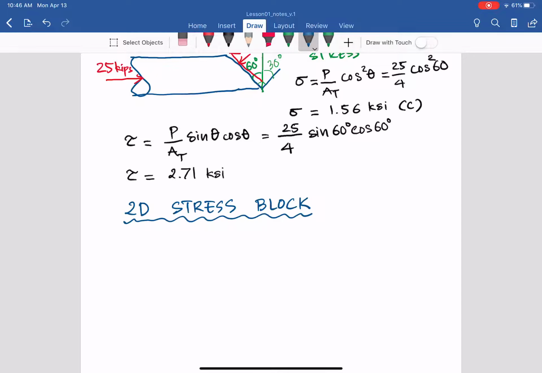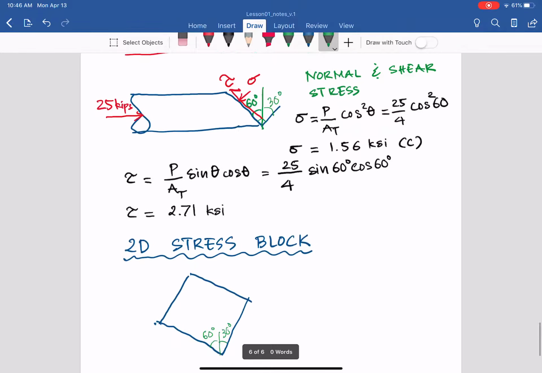So we have a block, in this case a square, with angles 30 degrees and 60 degrees.